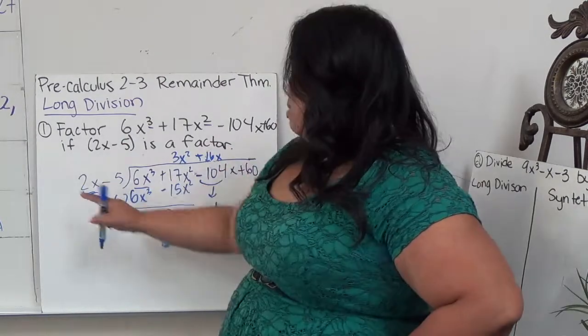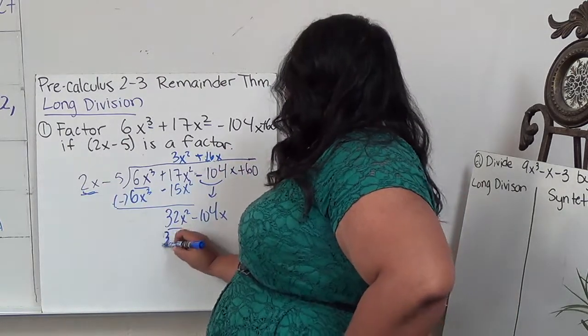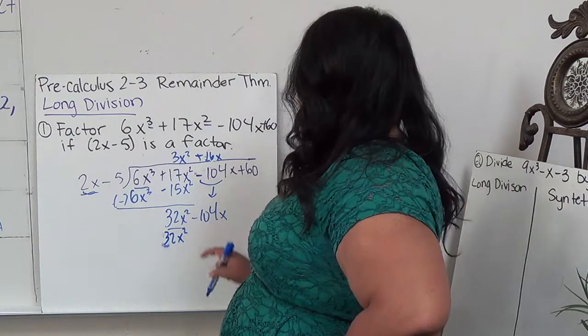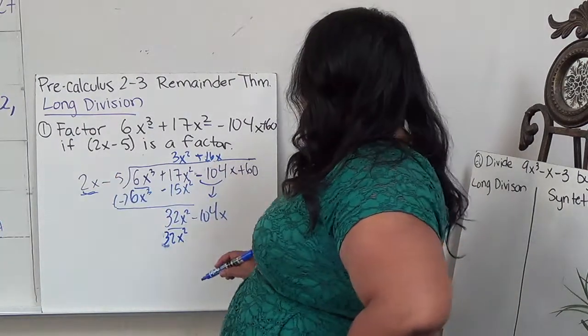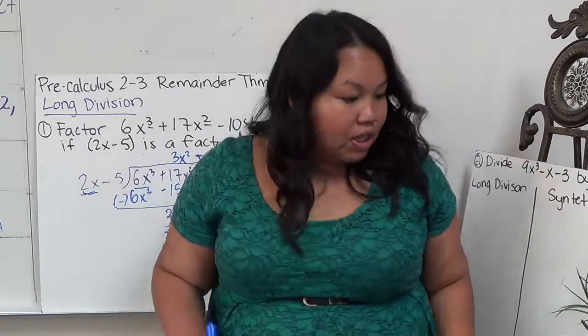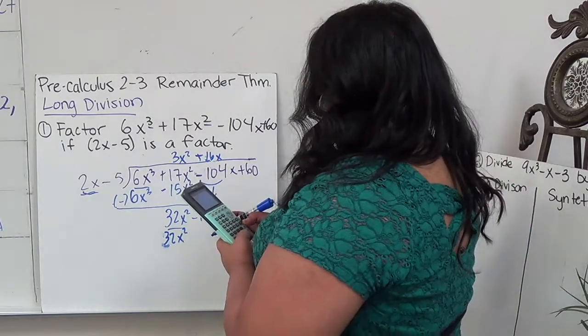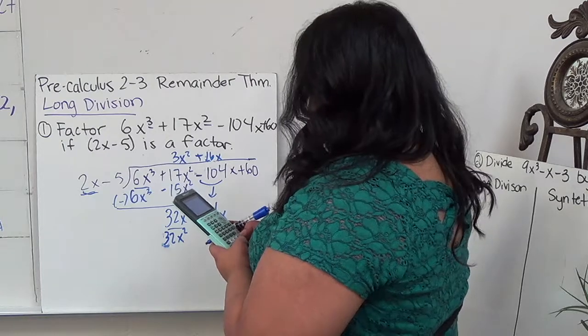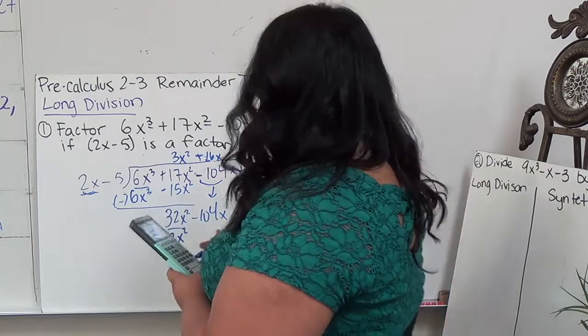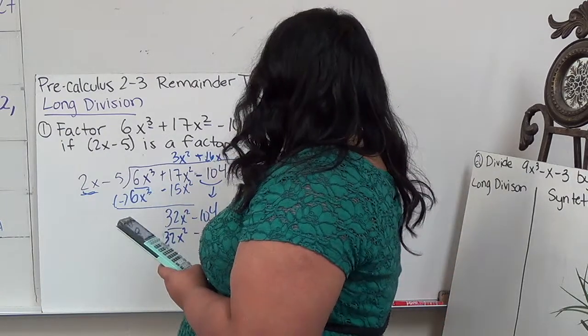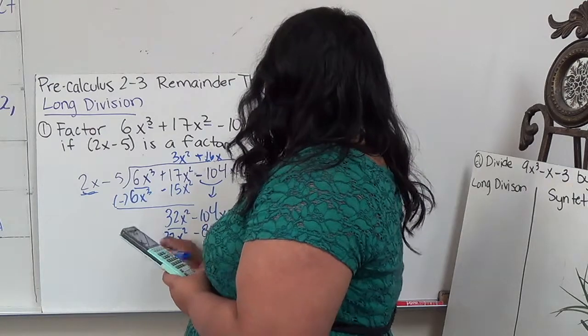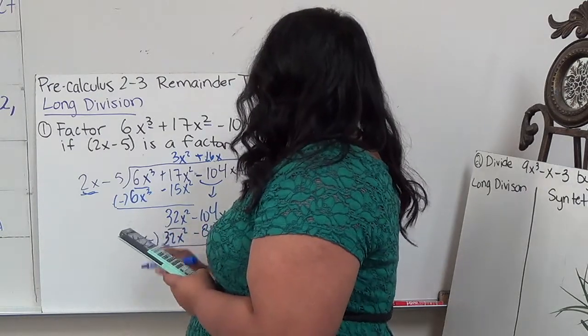So 16x times 2x gives me 32x squared, and then 16x times negative 5, Miss P's not thinking straight, 16 times negative 5 is negative 80x, and I'm subtracting.